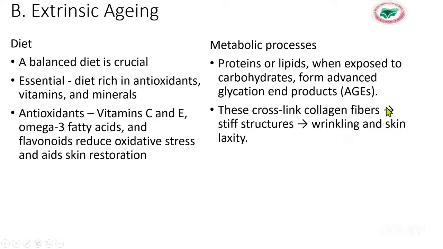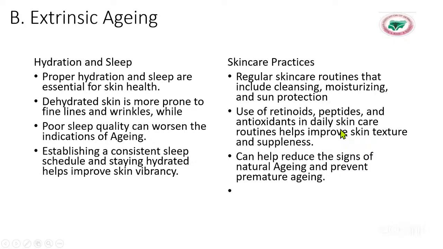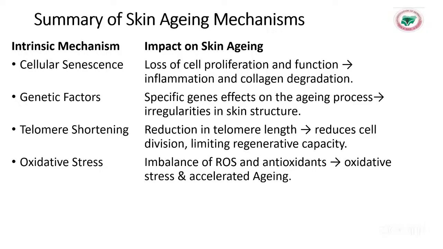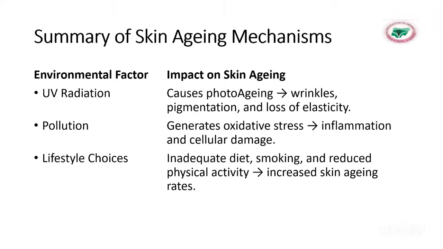These end products, AGEs, break down collagen fibers and cause wrinkling. Extrinsic aging is affected by hydration, sleep, and skincare practices. And I have a summary here of the intrinsic and extrinsic mechanisms of aging.